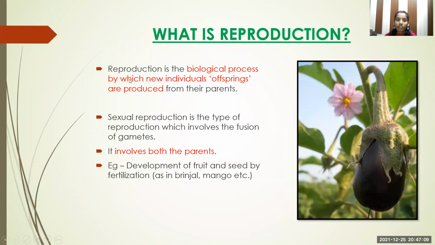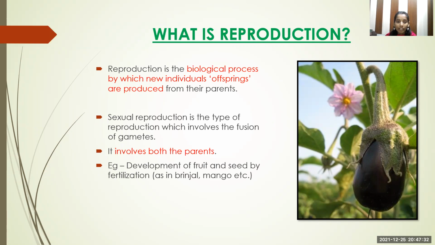What is reproduction? Reproduction is the biological process by which new individuals or offsprings are produced from their parents. Sexual reproduction is the type of reproduction which involves the fusion of gametes. Now, the fusion of gametes means male gamete will fuse with the female gamete.